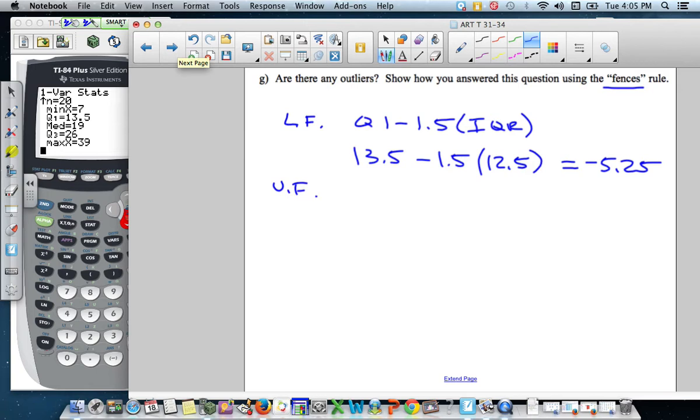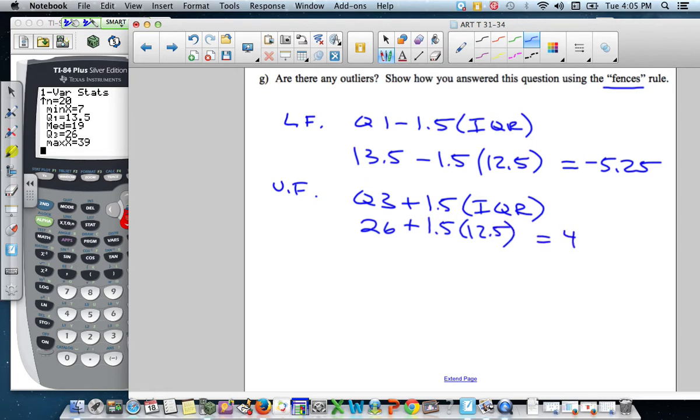Doing the same thing for the upper fence, but for the upper fence I use this formula, Q3 plus 1.5 times the IQR. So in this problem, that's 26 plus 1.5 times 12.5, which gives us an upper fence of 44.75.